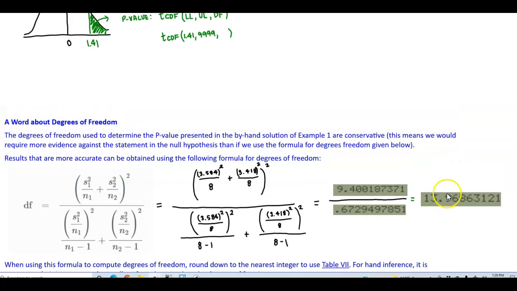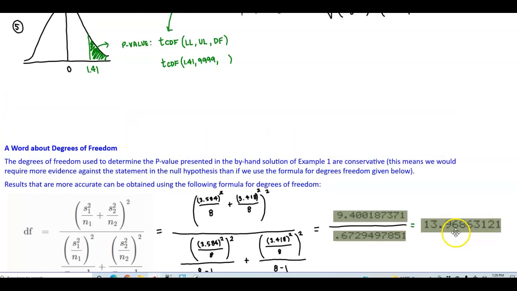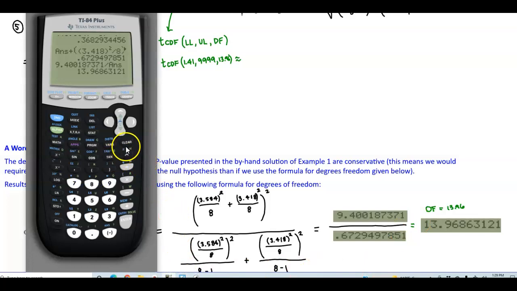So we're going to use the degrees of freedom to be 13.96. So let's go ahead and use the degrees of freedom from what we got over here, 13.96. We're going to put that in and then calculate that in our calculator to give us the p-value. So coming back into our calculator, we go second distribution, scroll down to tcdf. We know that our lower limit is 1.41.